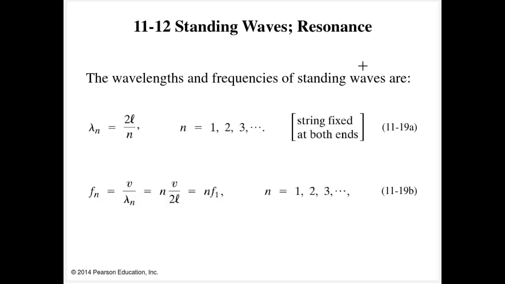So in general, we can write all of the possible frequencies of a string instrument, a string that is fixed on both ends, to simply be n multiplied by the fundamental frequency, where n is going to be 1, 2, 3, and so on and so forth, as you can see from the previous slide. The wavelength that is set up on the string is going to be 2 times the length divided by n, where n is going to be 1, 2, 3, and so on and so forth.